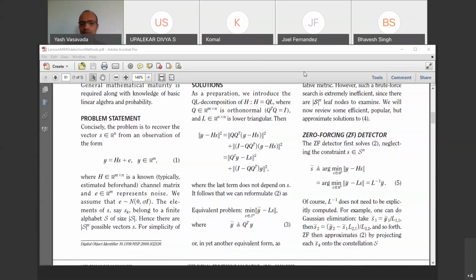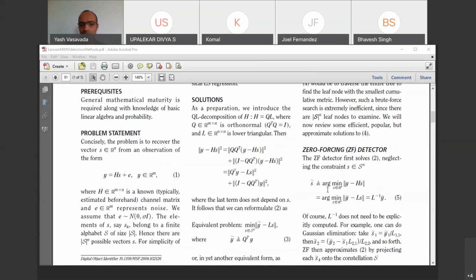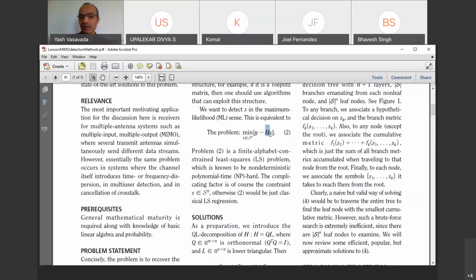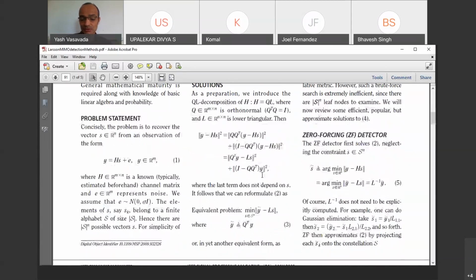Okay, so now, as this equation 3 says, we have converted the Euclidean distance minimization problem to an alternate form where the unknown variable, a vector s, is getting multiplied not by this matrix H, the MIMO matrix H, which will have non-zero values on all its elements.